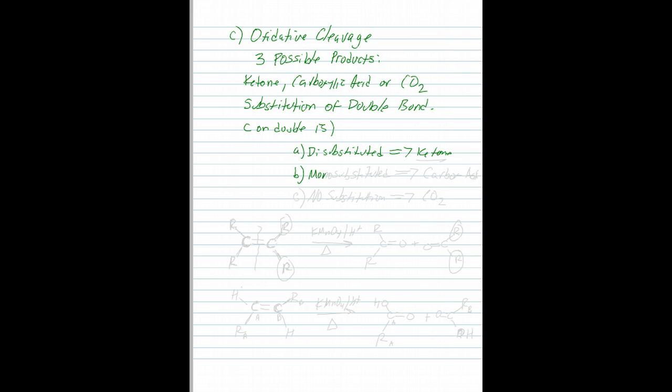If it's mono-substituted, now this is each of the carbons on your double bond, that will give you the carboxylic acid. And if you have no substitution, so you just have two hydrogens on it, you get CO2. Okay, so those are basically the rules. Now I will show you examples. Okay, we're going to put R groups.